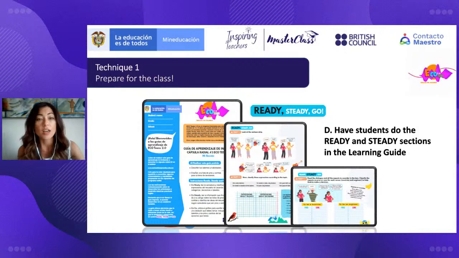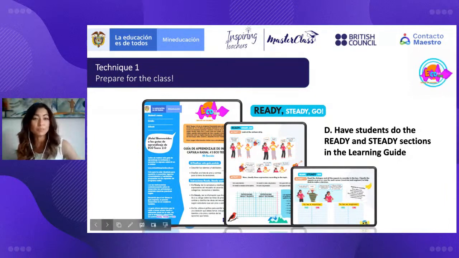As you can see, it is also following a scaffolding methodology in which in the ready, they get vocabulary, target language, and functional language. And then in the steady, they engage in one activity that helps them use the language, but in a controlled way. And finally, in the go, they are invited to take action, to use the language, ideally in a real life situation type of activity.